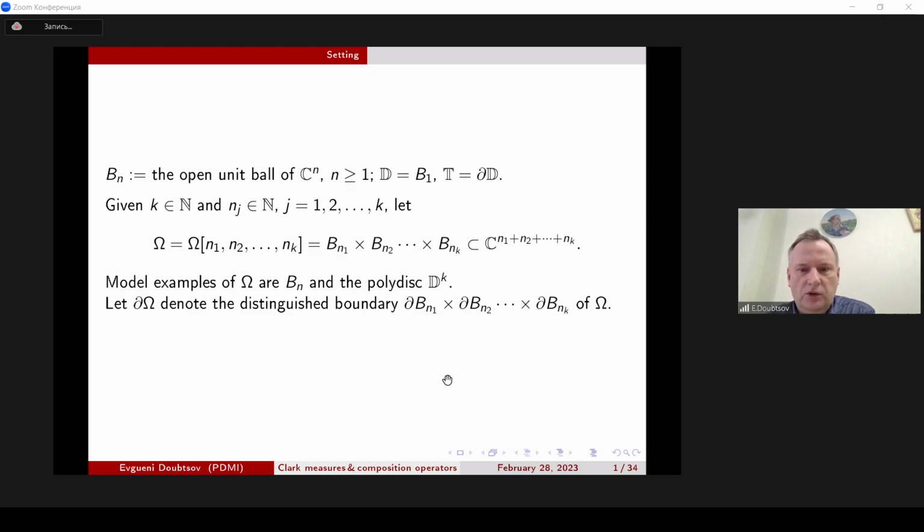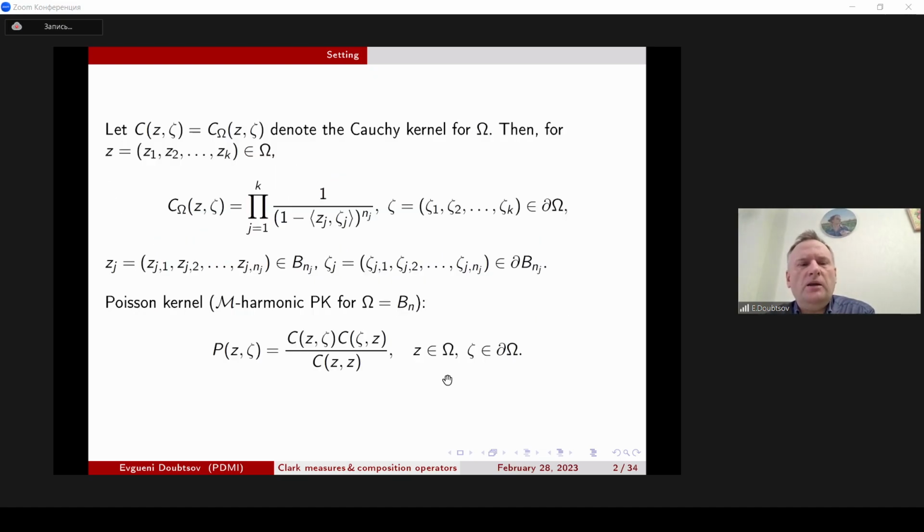Okay, so now I need the notion of the Cauchy kernel. More or less in this case, everything is explicit. So I just recall the explicit expressions for the corresponding Cauchy kernel. C of z, zeta, this is C omega. It depends, of course, on the domain omega.